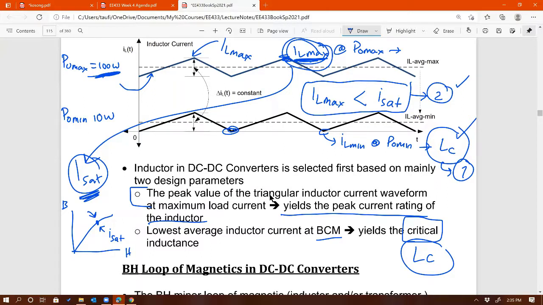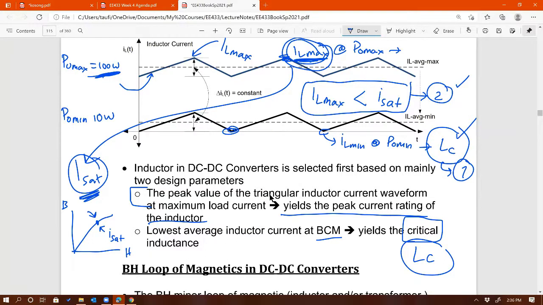Any questions on this? So that's what you need to know next time you buy an inductor, especially for DC to DC converters. Many times some students doing senior projects who have not had EE433 before come to me for help sizing an inductor.